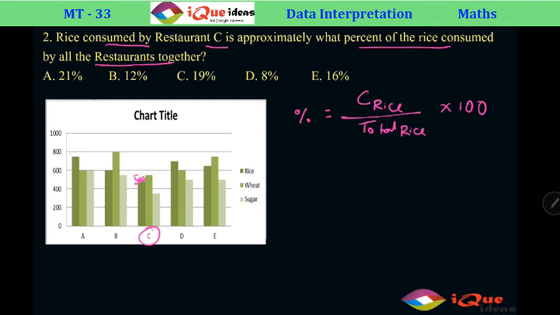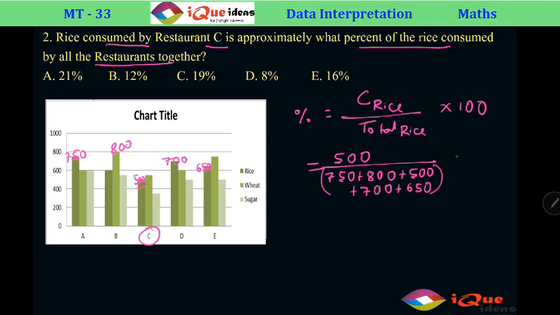And all the rice: this will be 750, this is 800, this is 500, this would be 700 because it is exactly between 600 and 800, and here the rice would be 650. So C rice is 500 divided by total rice, 750 plus 800 plus 500 plus 700 plus 650, and this whole thing multiplied by 100.